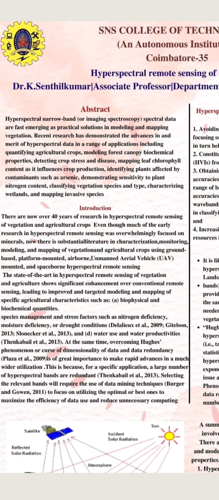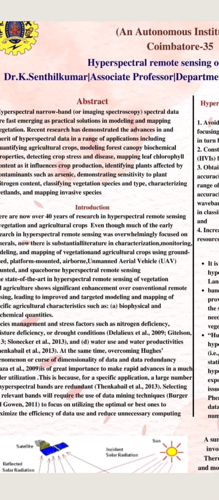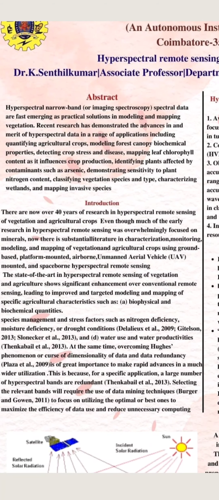To say about hyperspectral remote sensing of vegetation, it is a fast emerging, practical solution in modeling and mapping of vegetation.